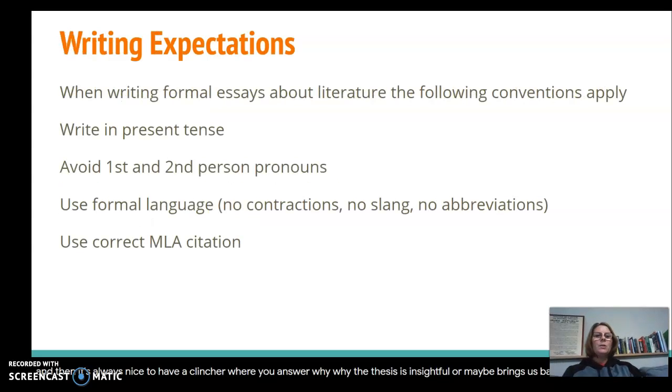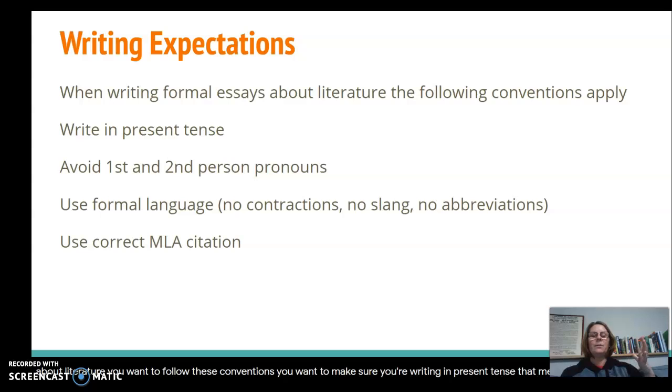Okay, so some writing expectations when writing formal essays about literature. You want to follow these conventions. You want to make sure you're writing in present tense. That means that if we're writing about Simon Armitage, you're writing Simon Armitage writes, and then you indicate what lines he's writing.